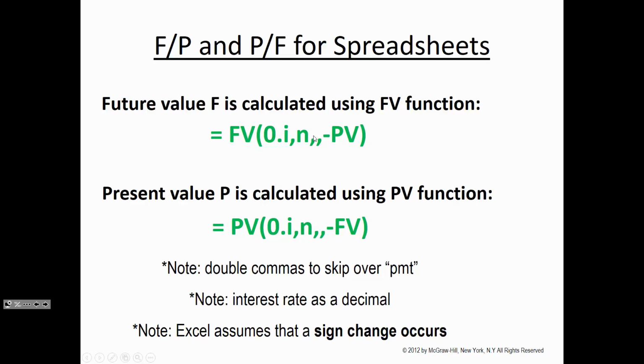We need to know what's the present value of just that 100. And so we don't want to tell Excel that there are 4 of these $100 payments in year 1. There's only 1 of them. And so you'll see more of this. We'll use the payment field later on, but for now we need to skip over it with a double comma.